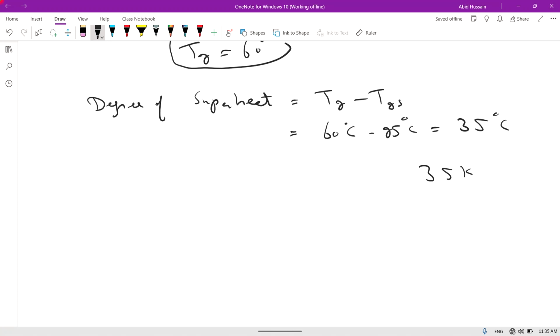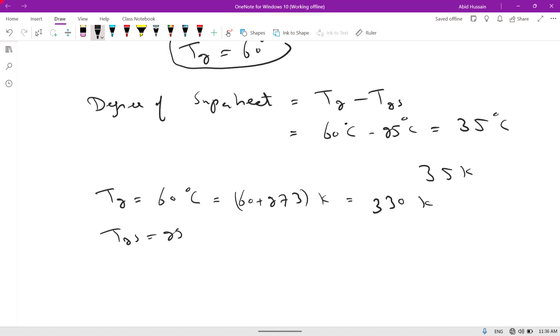If we convert degrees centigrade into Kelvin, T2 equal to 60 degrees centigrade is equal to 60 plus 273 Kelvin, which is 333 Kelvin.